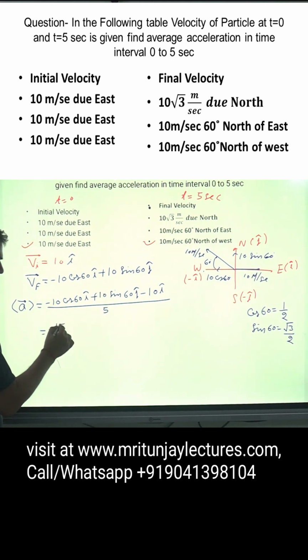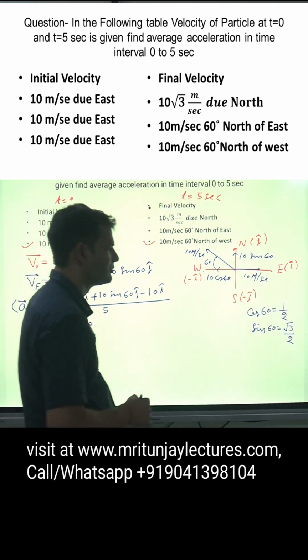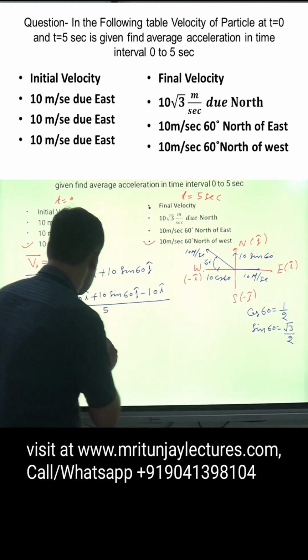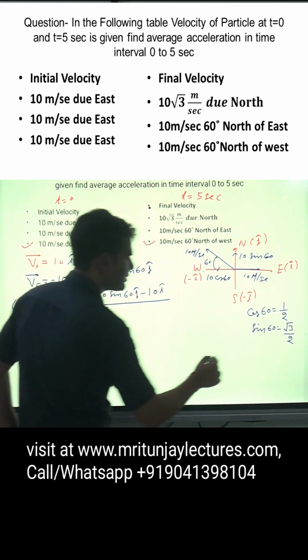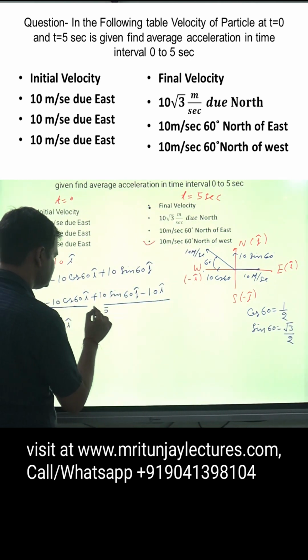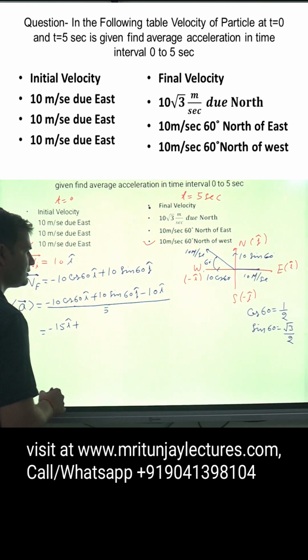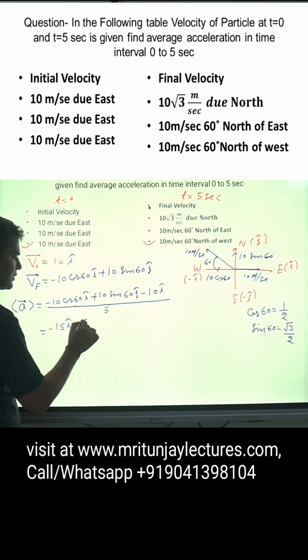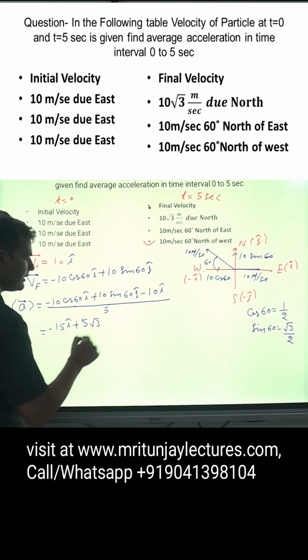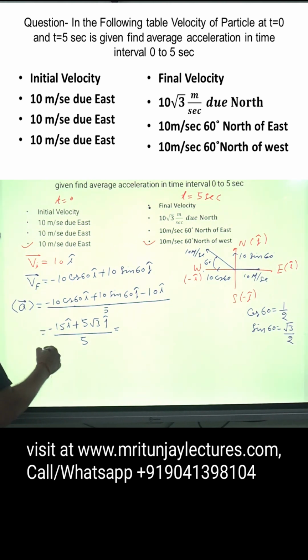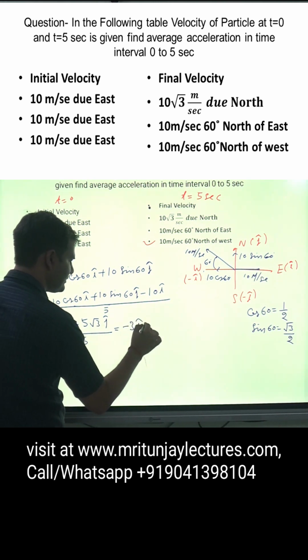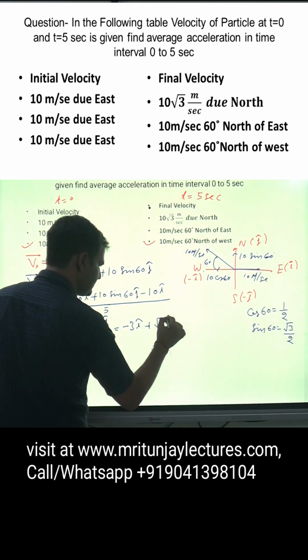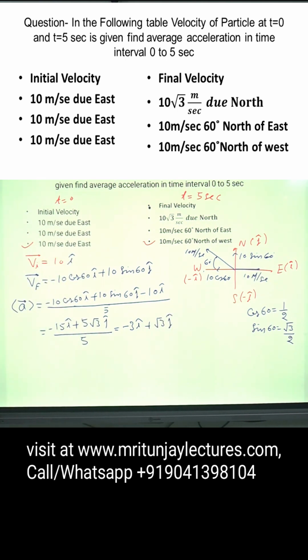We got minus 15i, and here 10 into sin 60, root 3 by 2, plus 5 root 3 into j cap, divided by 5. How much? Minus 3 i cap plus root 3 j cap. Clear or not?